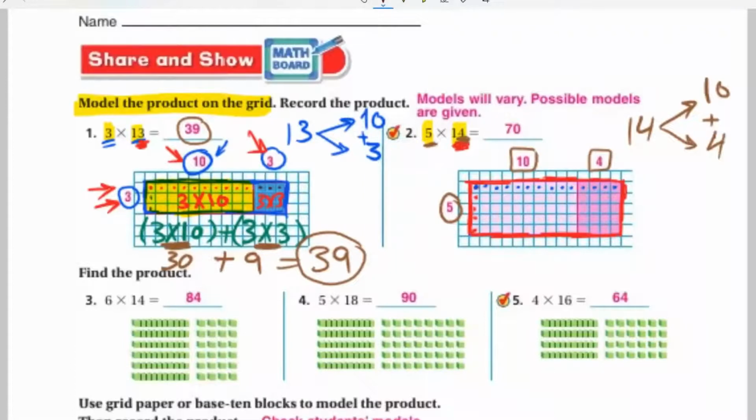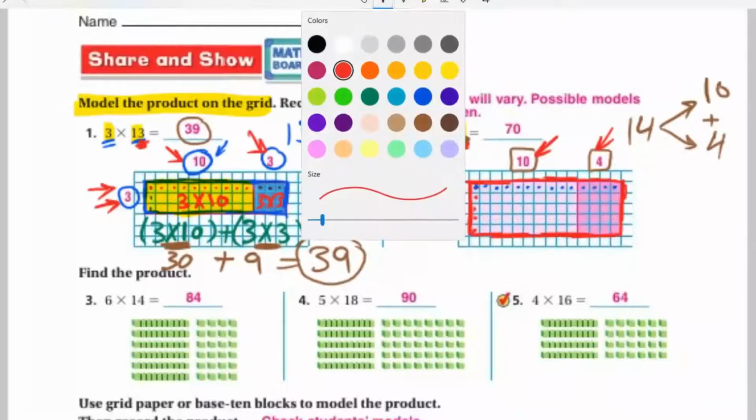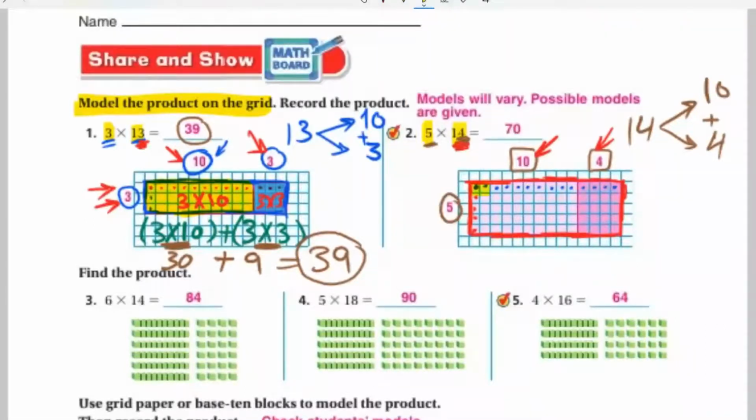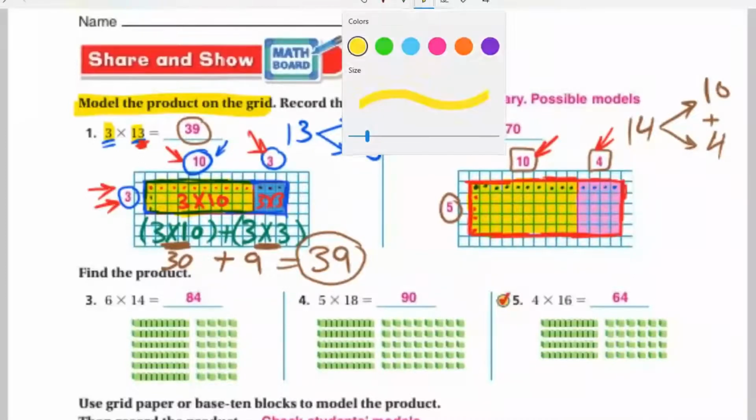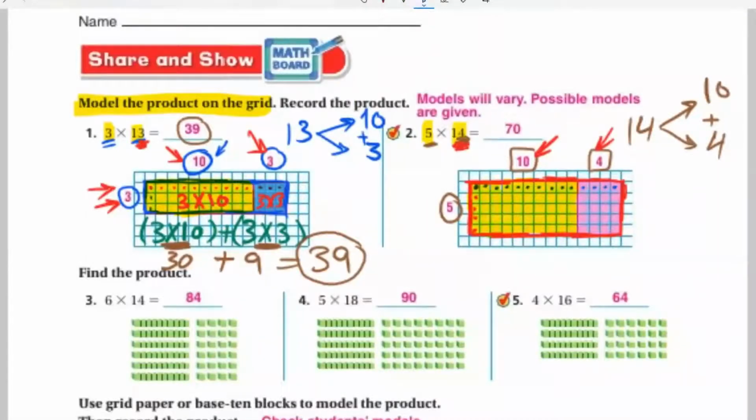Okay, after that, divide it into 10 squares and 4 squares. Let's count here. 1, 2, 3, 4, 5, 6, 7, 8, 9, 10. And let's color it. Okay, after that, let's color the other part with another color like that.